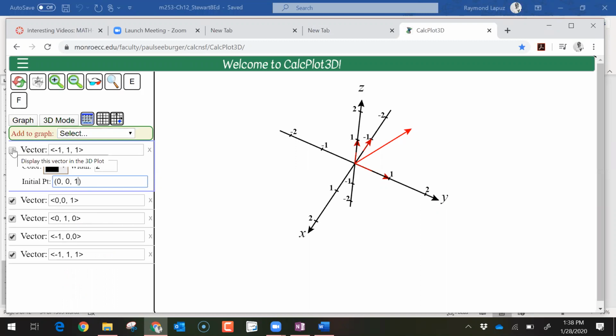So 0, 1, 0 or 0, 1, 1? No, I don't want it to touch the y-axis. 0, 1, 0.